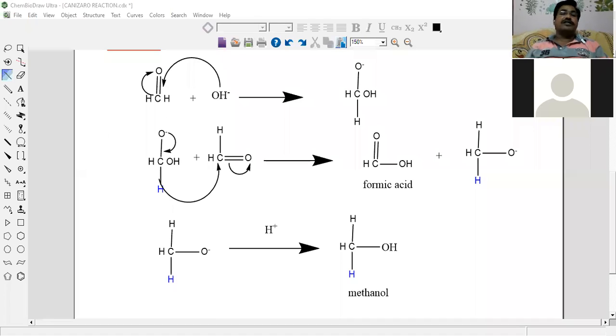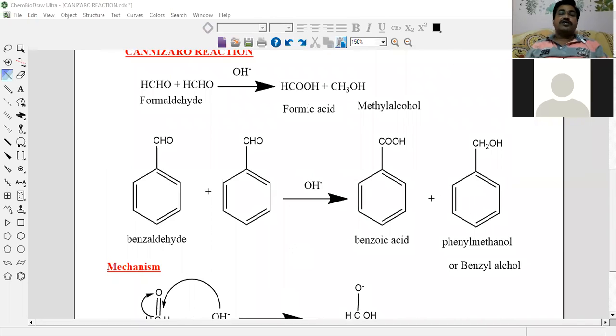See one more time, this is Aldol condensation, and this is the Cannizzaro reaction.